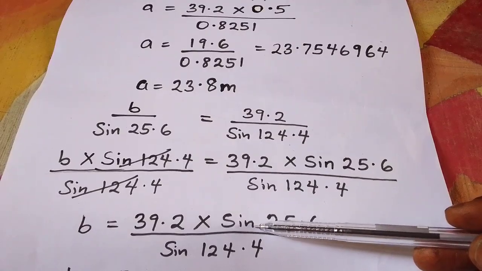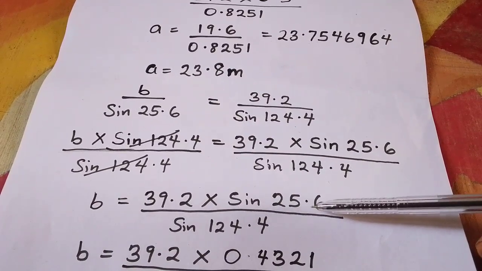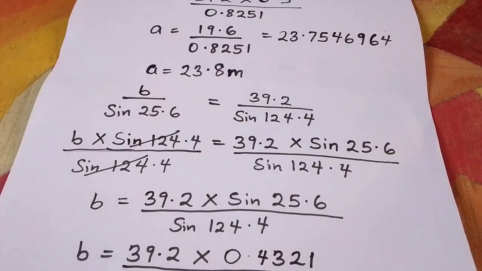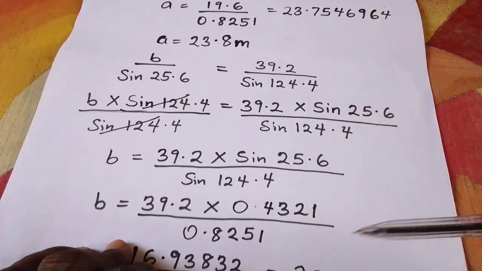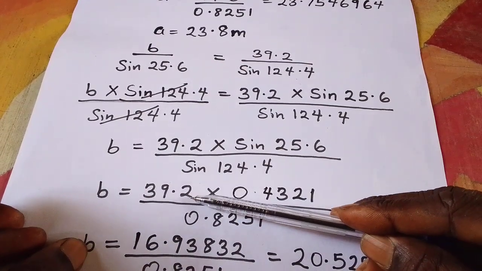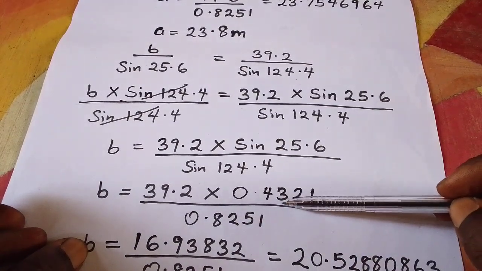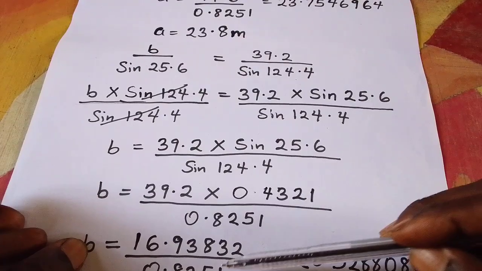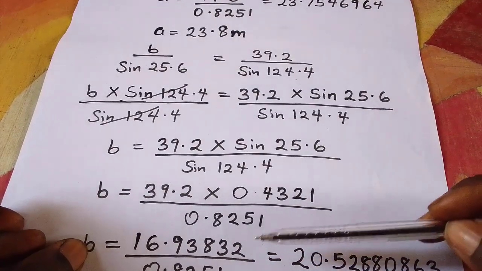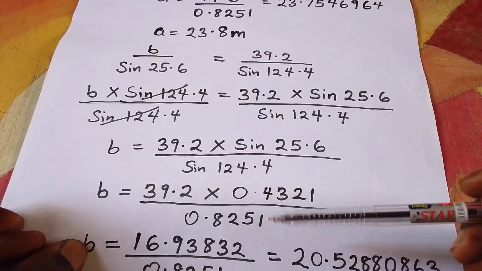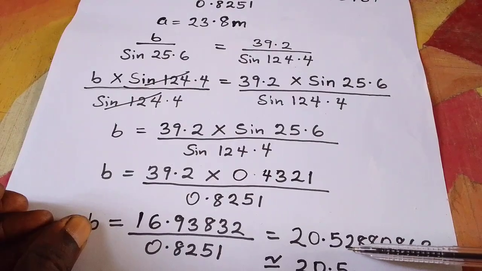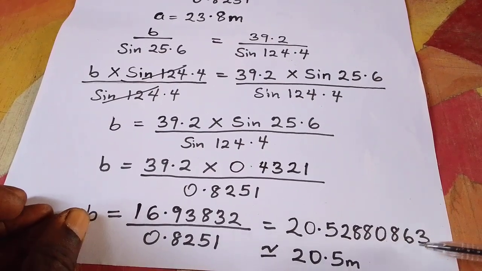Let's look for the value for sine 25.6, which will give us 0.4321, divided by sine 124.4, which will give us 0.8251. If we multiply 39.2 times 0.4321, it will give us 16.93832. Then divided by 0.8251, if we divide this, we get 20.52880863.